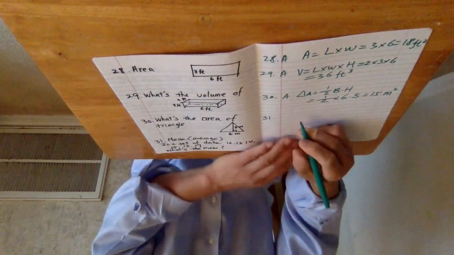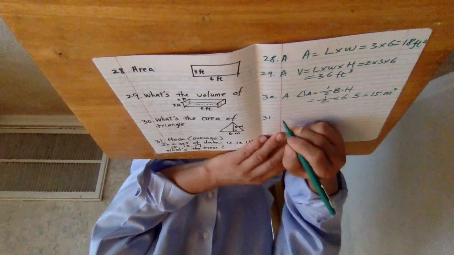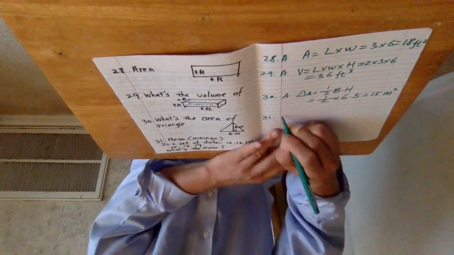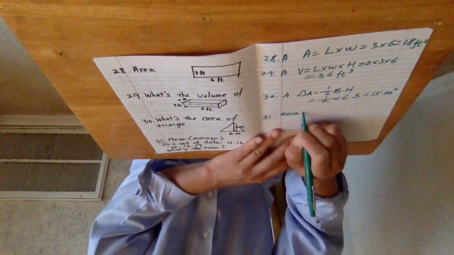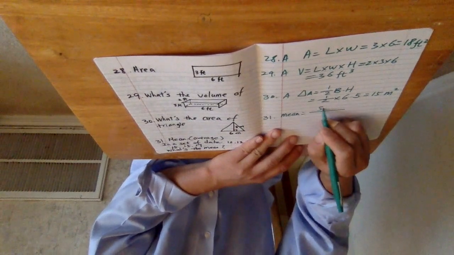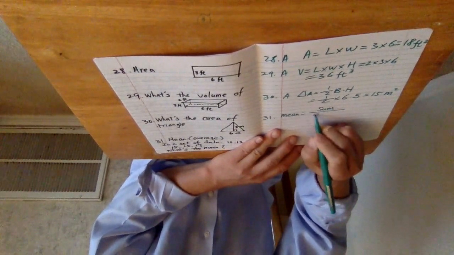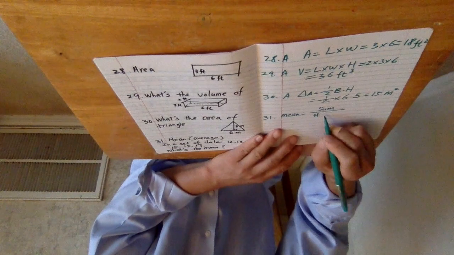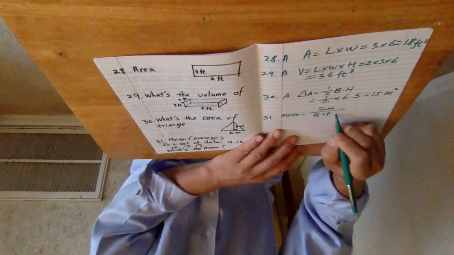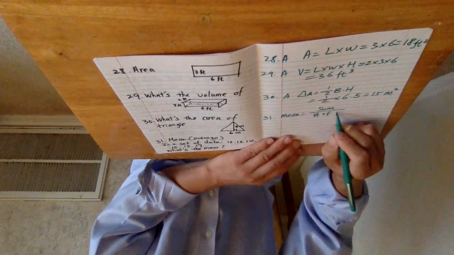31. Mean. Mean means average. So mean equals total sum divided by how many numbers in the set.